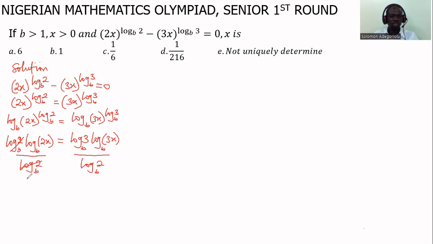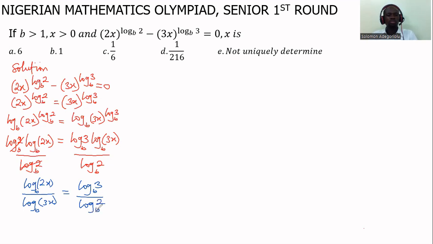And that is going to give us log 2x base b divided by log 3x base b, which will be equal to, of course, if we divide this side by log 3x base b, it will cancel out with this. So we will be left with log 3 base b over log 2 base b.